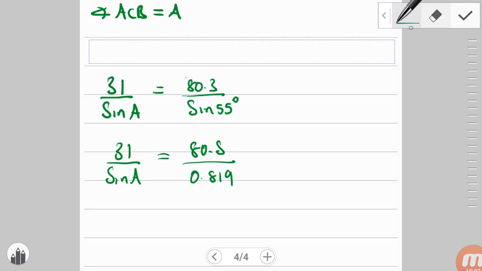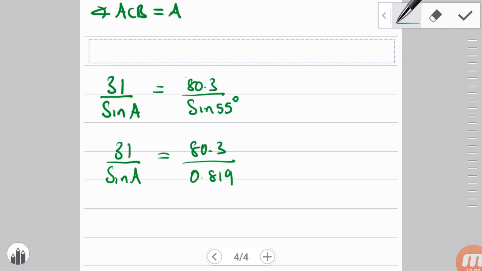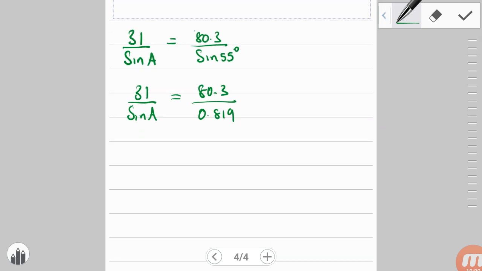0.8191. So this is 80.3 divided by 0.819, and then we end up with 98.05, and that's equal to 31 divided by the sine of A. Now we already explained that when the unknown is at the bottom, we just swap positions.